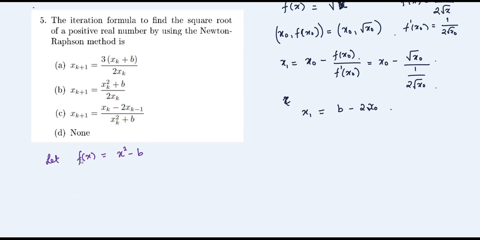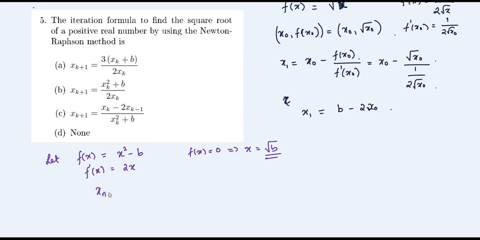Now f dash x will be 2x. If we get a solution for this, f of x equal to 0 will imply x takes plus or minus root b. We are interested in plus.